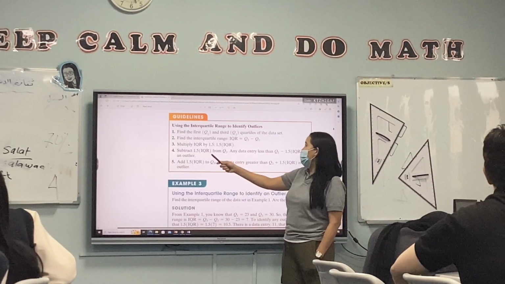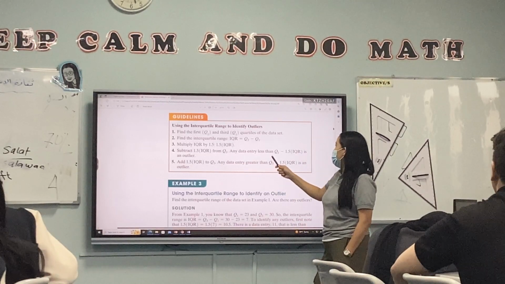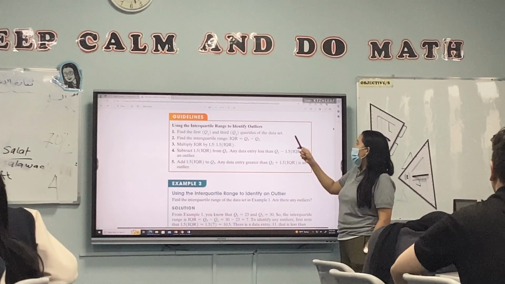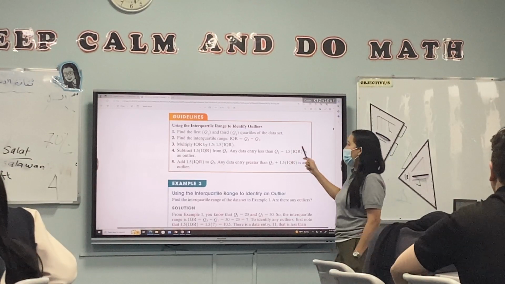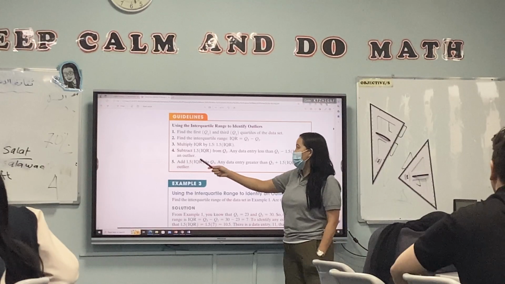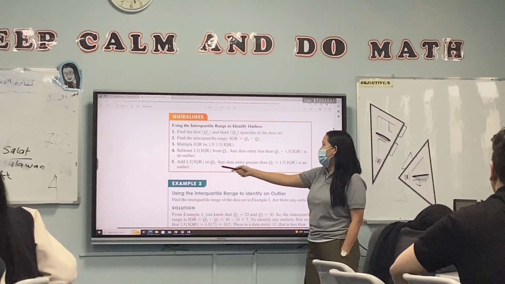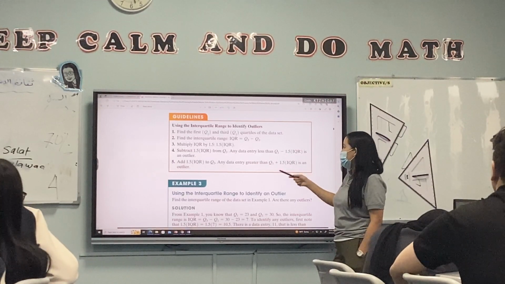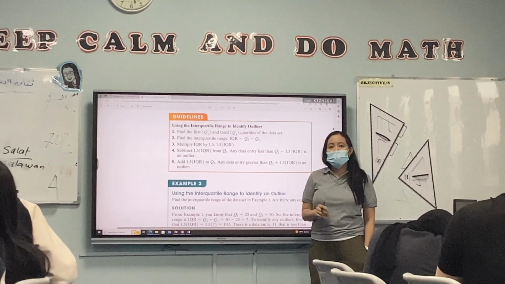So subtract 1.5 times the interquartile range from quartile 1, and any data entry less than that is an outlier. And add 1.5 times the interquartile range to quartile 3, and any data entry greater than your answer is an outlier. Is it always 1.5? Yes.